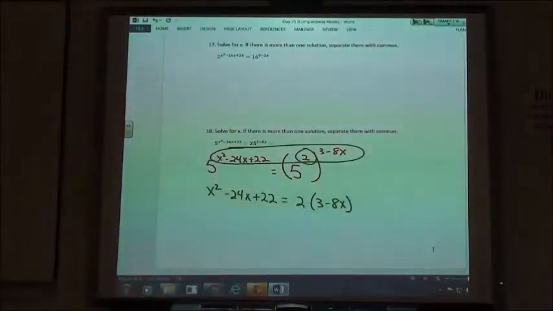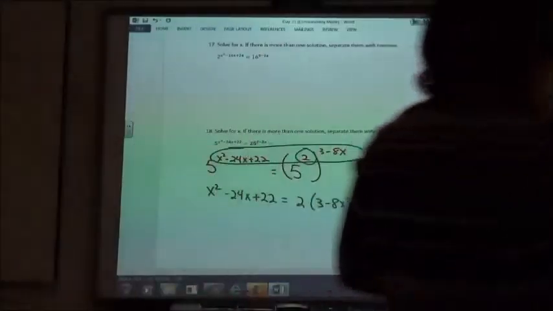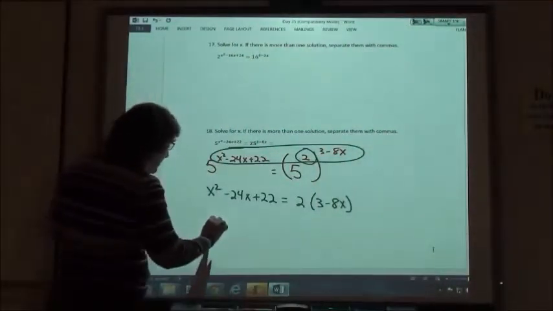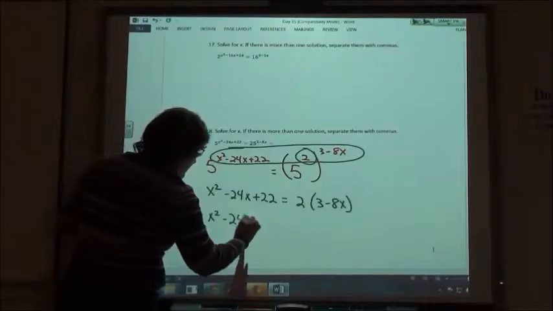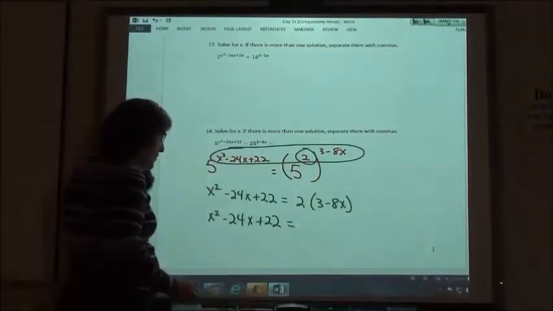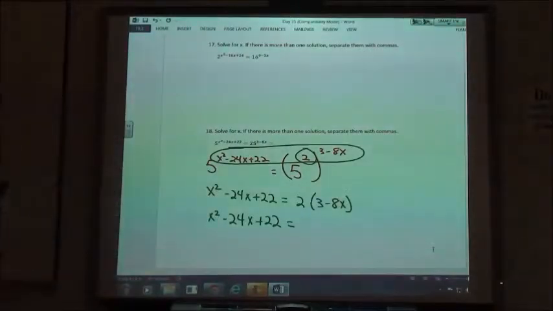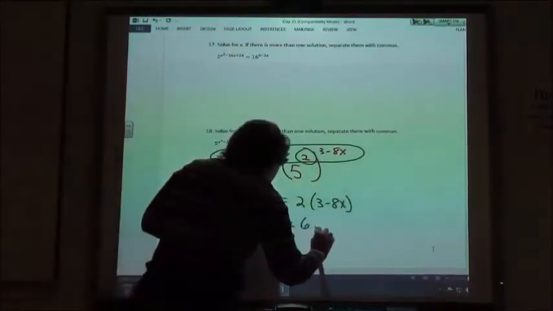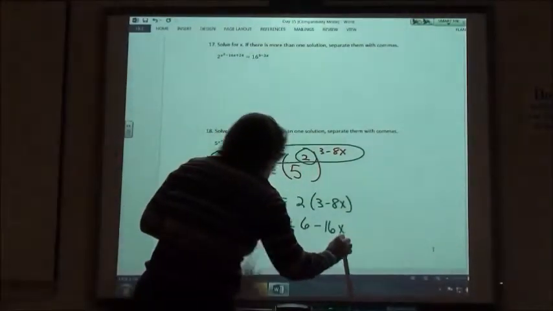So we've got to get rid of our parentheses. So then we get x squared minus 24x plus 22 equals 6 minus 16x.